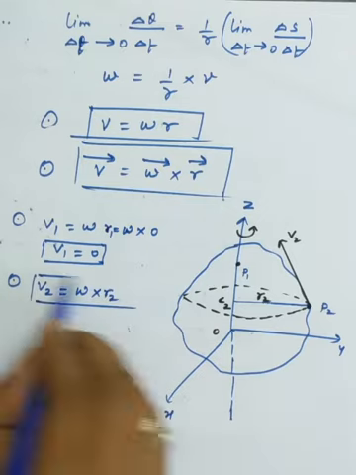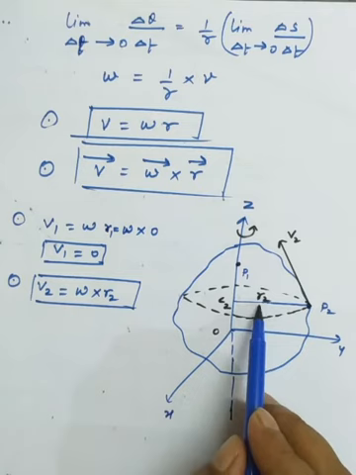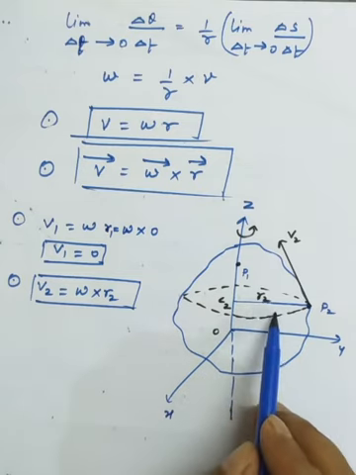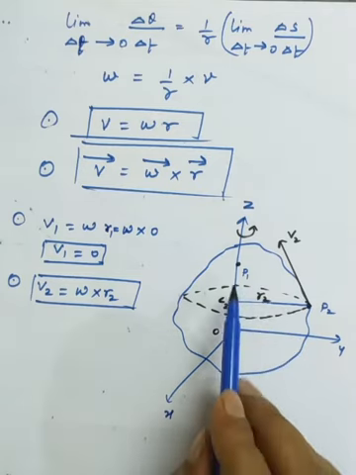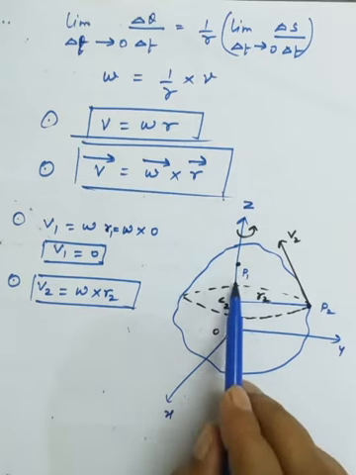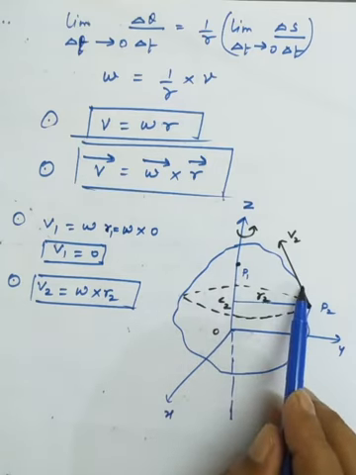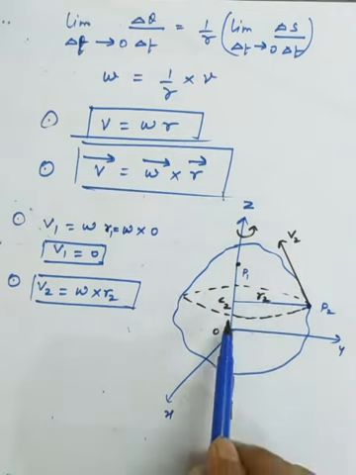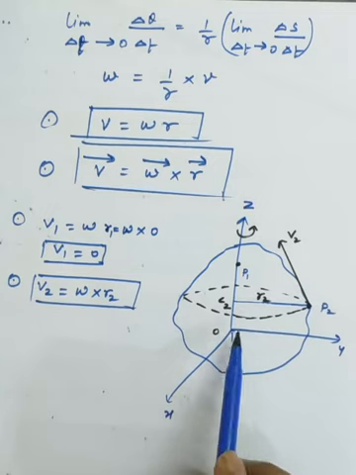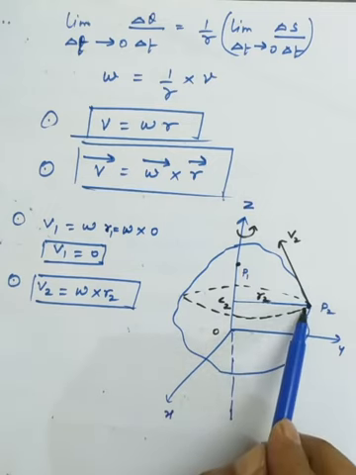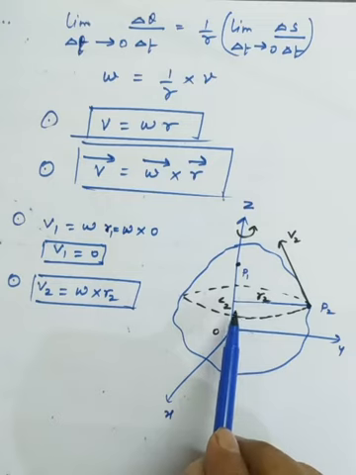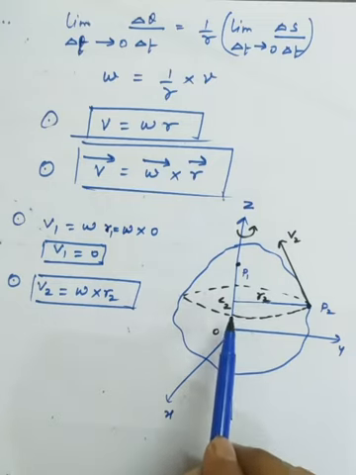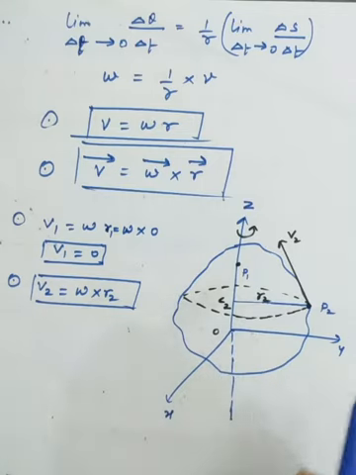This is the velocity of the particle at a perpendicular distance r2 from the axis. So different particles having different distances from the axis of rotation have different linear velocities. But in this case, the radius vector sweeps out the same angle during the rotation of the body, so the angular velocity will be the same for all the particles. It is one of the important things we have.